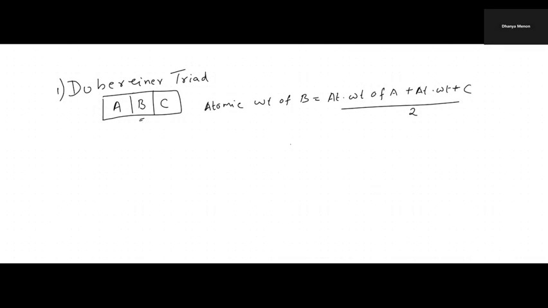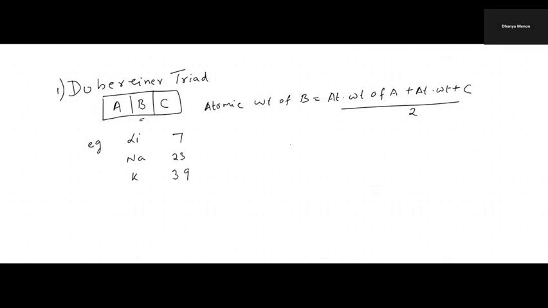For example, he gave the example of lithium, sodium, and potassium. This particular scientist is talking about the atomic weight, and he arranged them according to atomic weight, as a triad, a group of 3 elements. So the atomic weight of lithium is 7, sodium is 23, and potassium is 39.